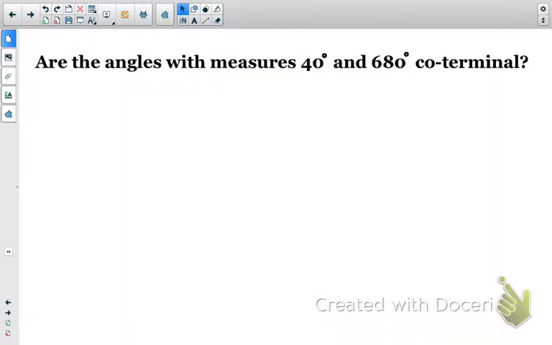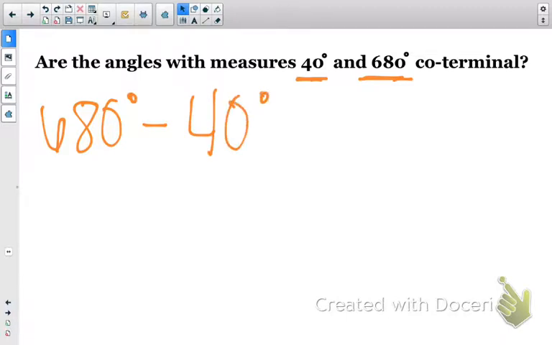Okay, last thing we're going to do is determine if these two angles, 40 and 680, are coterminal. The way you do this is you have to subtract them. It doesn't matter which one you subtract, so I'm just going to take the bigger one and subtract the smaller one. 680 minus 40 is 640.